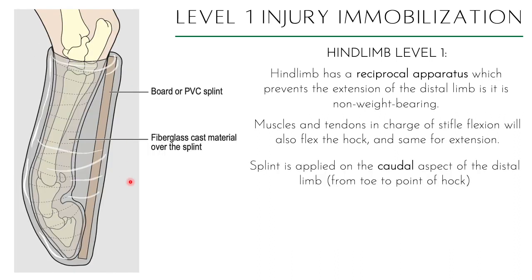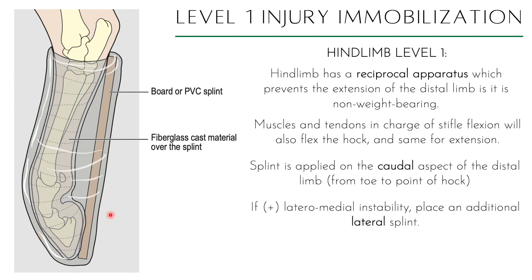The splint is applied on the caudal aspect of the distal limb, from the toe to the point of the hock. So again, if there's lateromedial instability, you place another splint here, and then you secure that with tape or with fiberglass cast material over the splint.